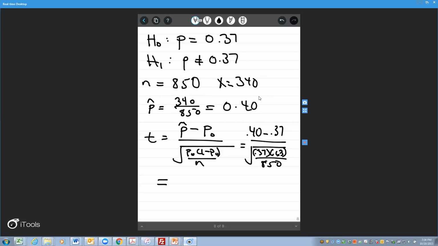If we calculate that, that's 0.03 over 0.0166, which gives me a z value, not t, of 1.81.